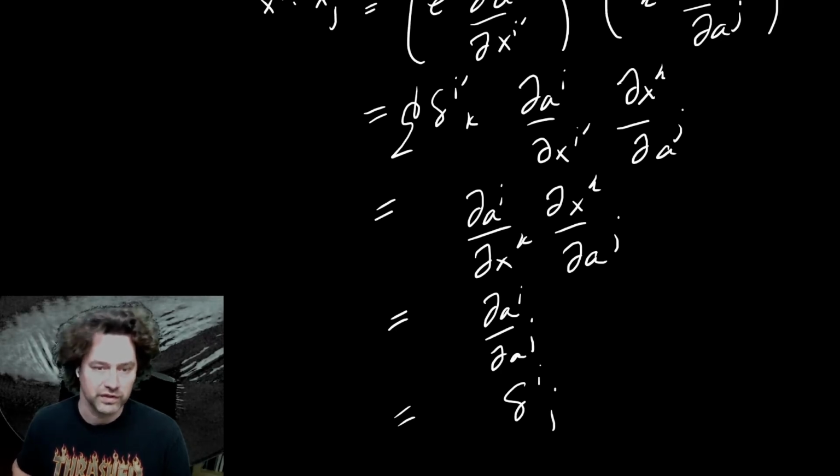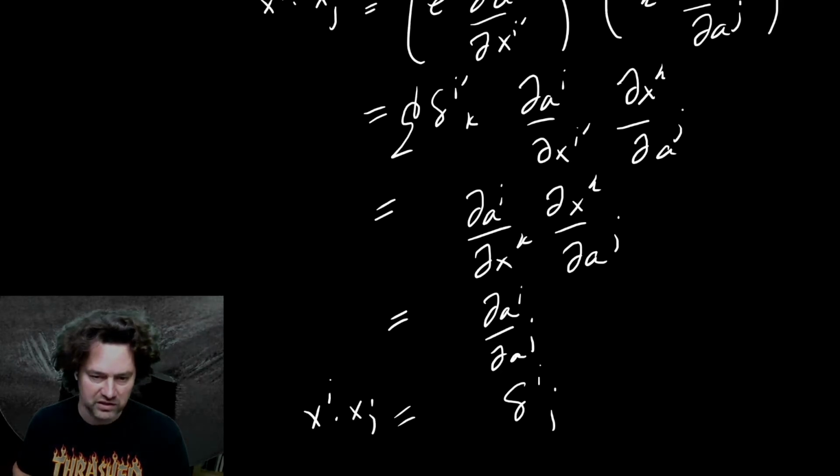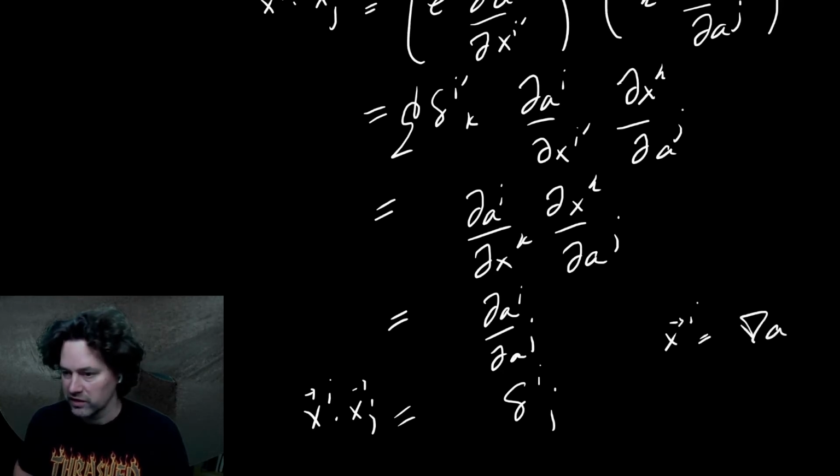So we have just proved that x^i dotted with x_j is delta ij, where x^i is the gradient of the ith parameter.